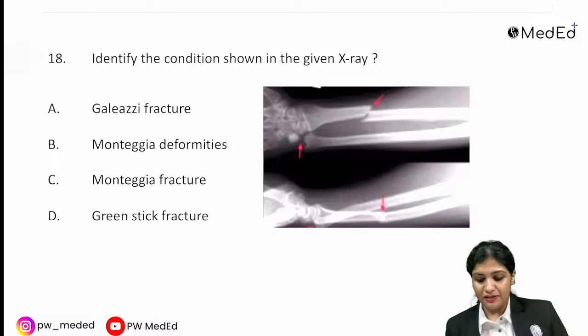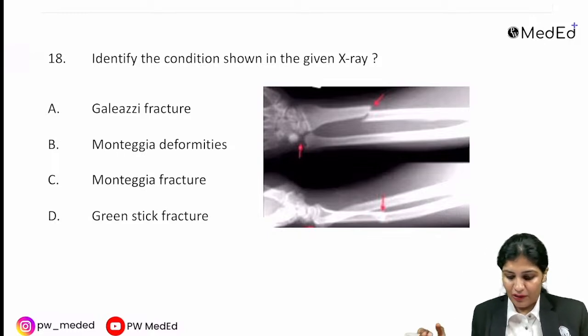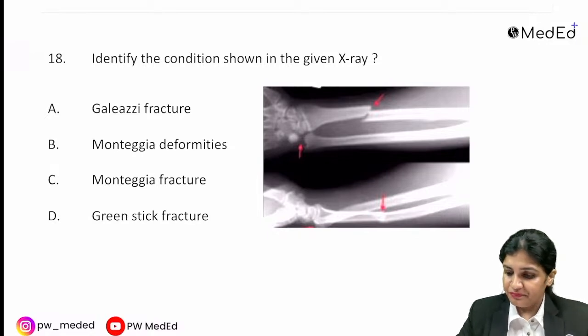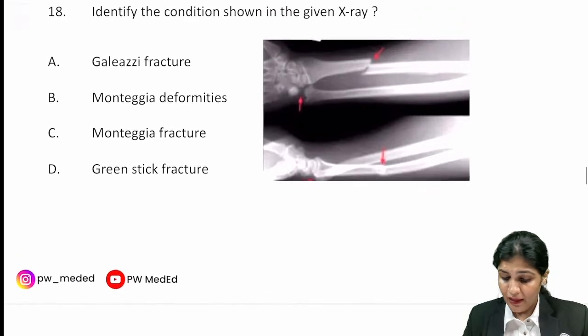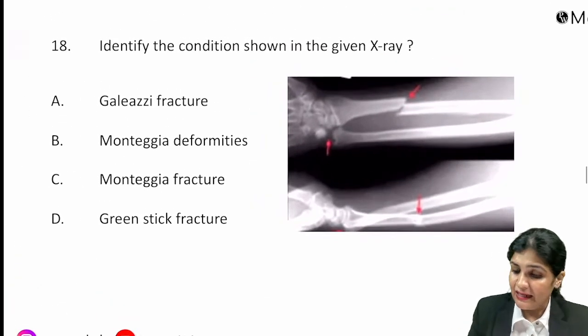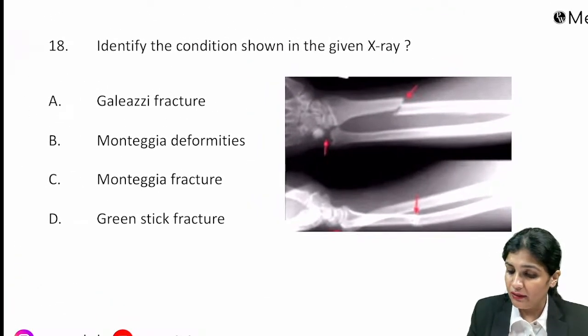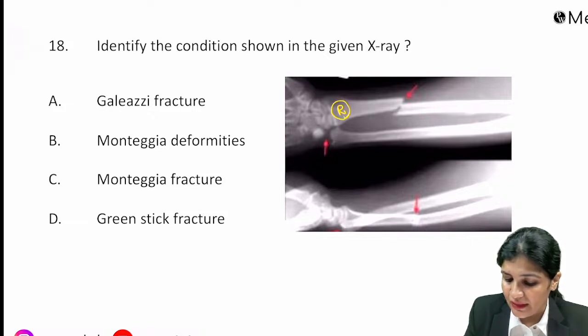And next, see, this is the most important and the favorite question of many examiners. This is regarding the fracture. So in this X-ray, they're classically showing a type of fracture. If you identify, this will be the radius and this is your ulna.